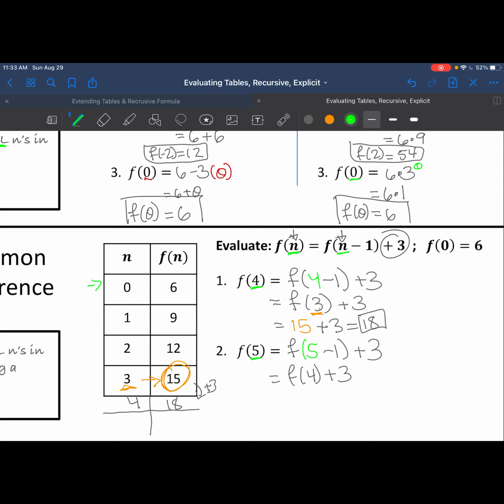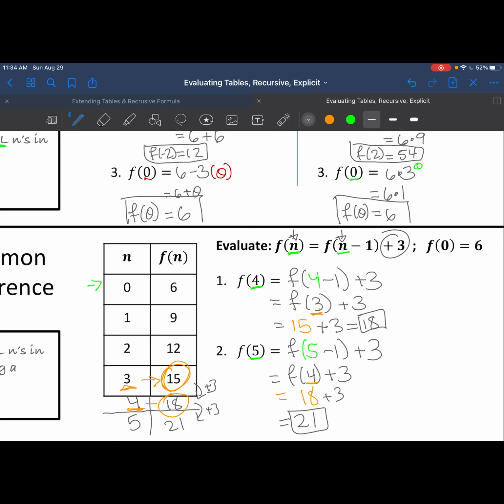If we look here at our table, f of 4, our n value equals 4, its partner is 18. So this means we have 18 plus 3. 18 plus 3 is 21. Right? And if we were working on our table, to get down another step, we would add 3 again, and 18 plus 3 gives us 21. Again, that is what the recursive formula does, y'all.